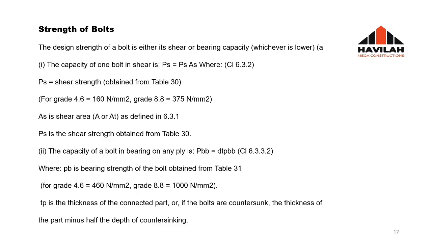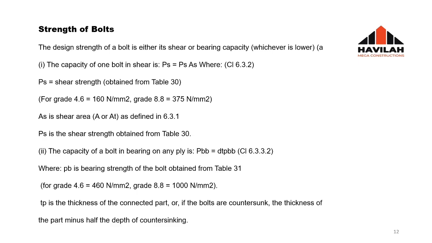Okay, so also the capacity of a bolt in bearing, which we call the bearing capacity of a bolt, according to clause 6.3.3.2 of the same code you have with you, could be obtained using the relation Pbb, the bearing capacity, equals d, the diameter, t_p p_bb.